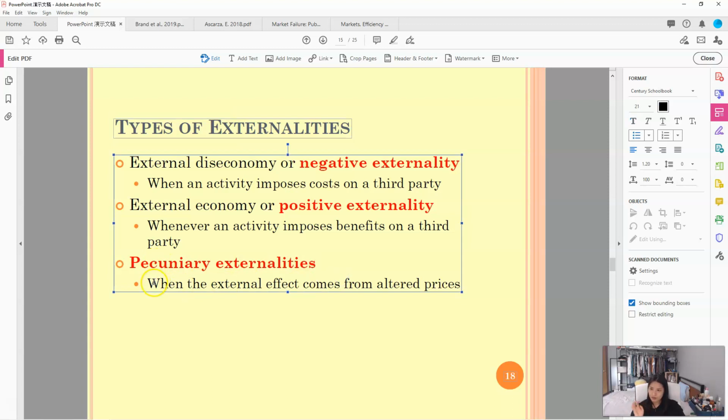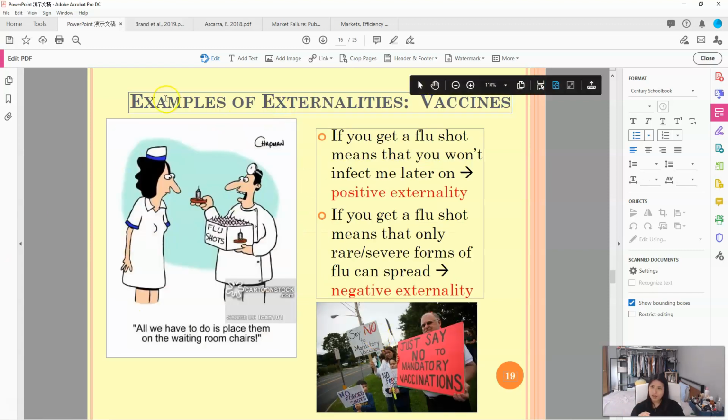So it is defined when the external effect comes from altered price. Here are some examples of externality. The first is vaccines. If I get a flu shot, on the one side, that would be a positive externality for other people, because that means I would not infect other people with this flu later.